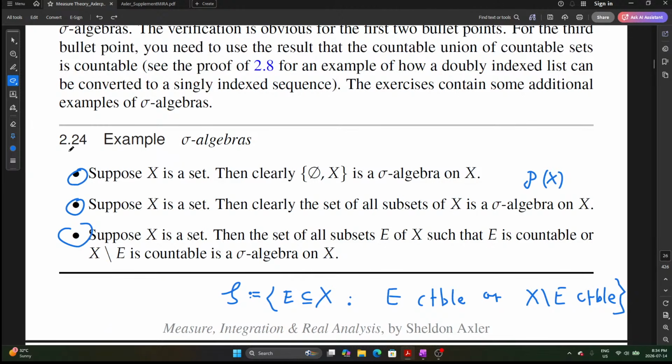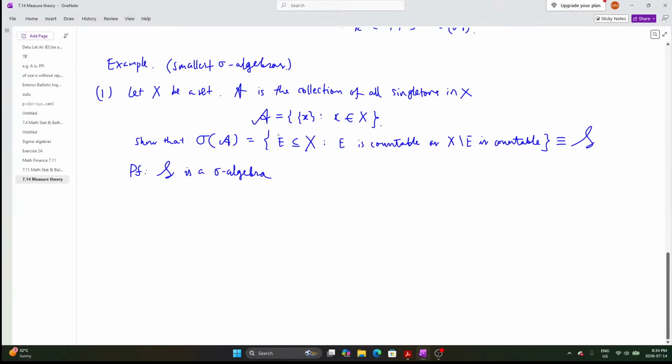So that's example 2.24 bullet point 3. So this is a sigma algebra. So we need to show something. First, it contains A. So we need to show: 1, scripted S contains A.